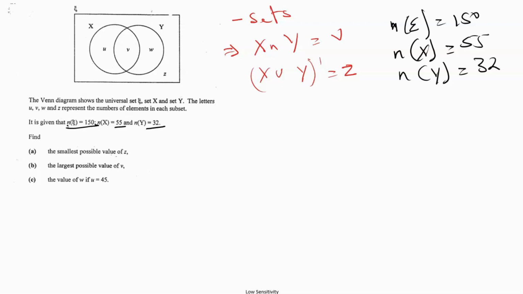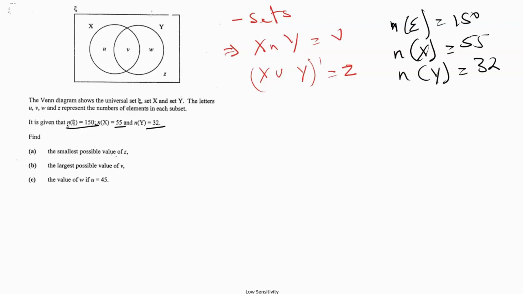But we know that in order for us to get the X union Y, if there are elements that are in both X and Y, they're going to reduce the total sum of the elements of X union Y. But if our V is close to 0 or 0, then it means that our union is just going to be 32 plus 55.